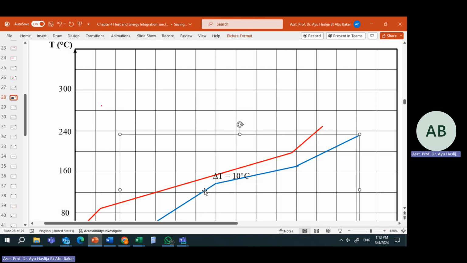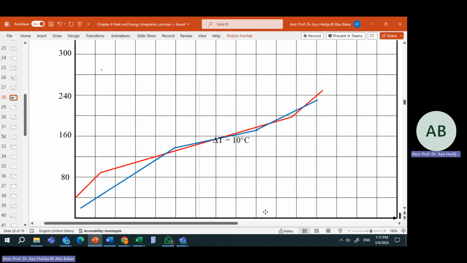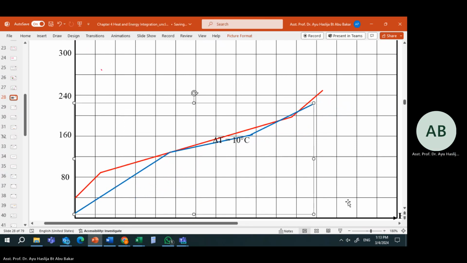Okay, now this is the original, where the cold stream starts from what? Wait, let me check again.